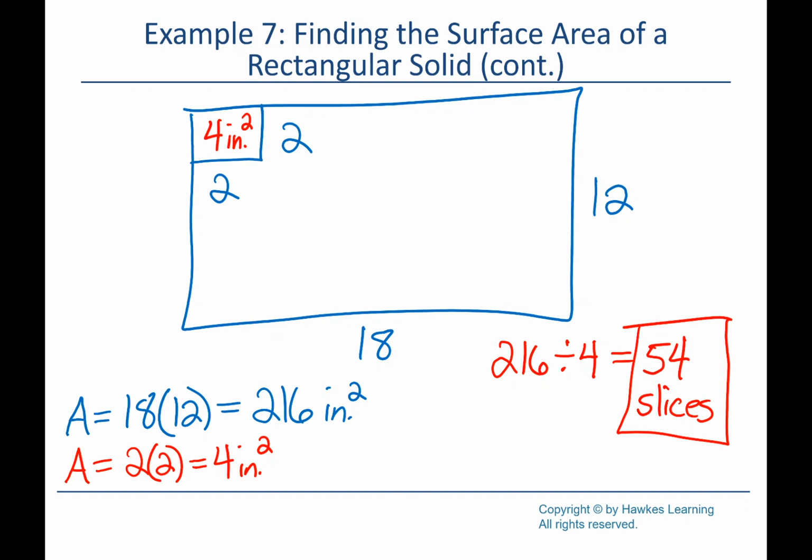And if you really wanted to, you could count also, right? So you could say, this is 2 inches, so it would be 9 slices across, right? So 18, and then 2 inches would be 6 slices up. 9 times 6 is 54. So you could do it that way too.